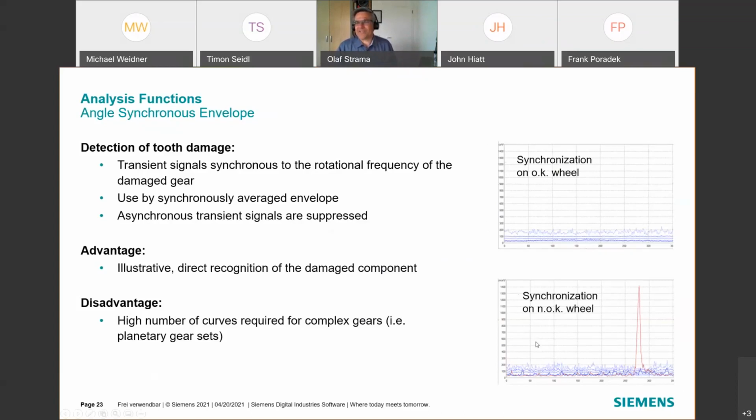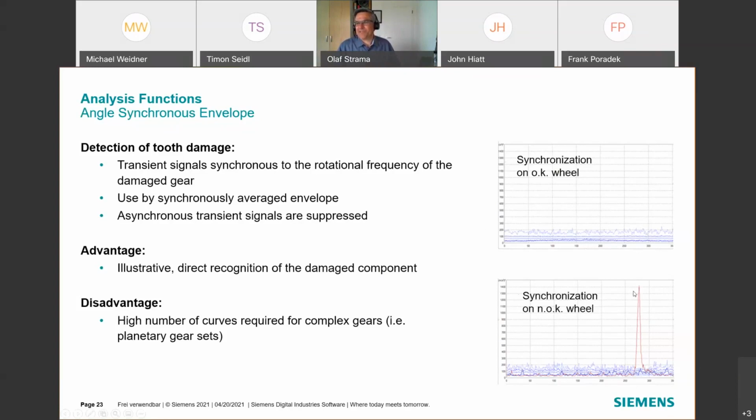All these curves are calculated from the same sensor. In the sensor signal, I have the transients, tick, tick, tick, tick, tick. They come with a certain distance. And if I do the averaging in a way that they always are on the same position of my curve, then they will be amplified by the averaging, amplified against the noise.